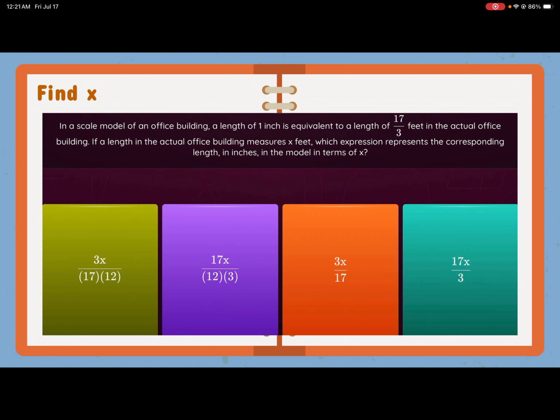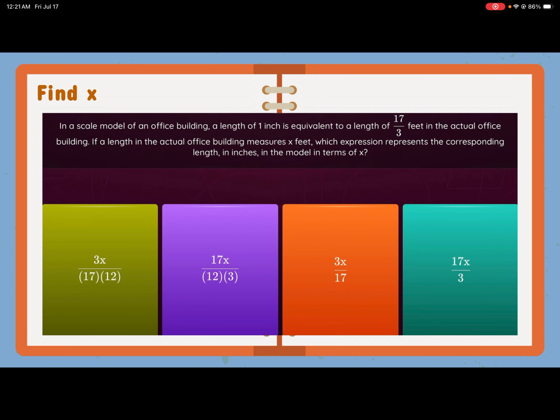So when we have multiple choice, we have to look at our option choices, and we find 2 of them have 12 and 2 of them don't. So that 17 over 3 already represents that inch to feet equivalent.